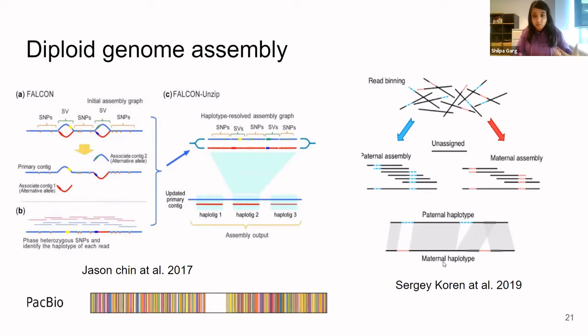The major limitations here were, one, trio information was used, which is not readily available. And the next is that the trios lose sensitivity in the repeating regions because the underlying data used for the parents was short read data. And Falcon Unzip can produce haplotype blocks of a few megabases and can't produce the chromosome scale assembly.